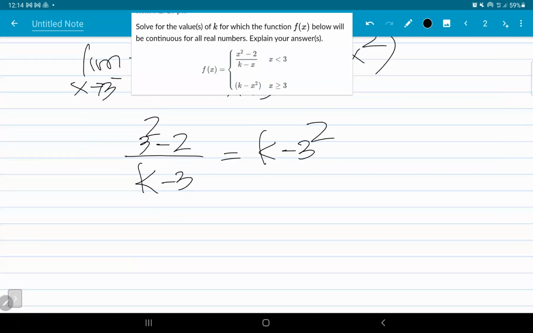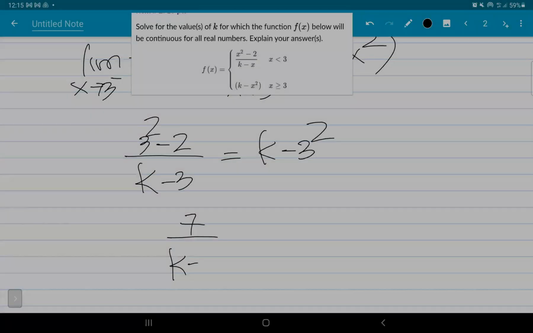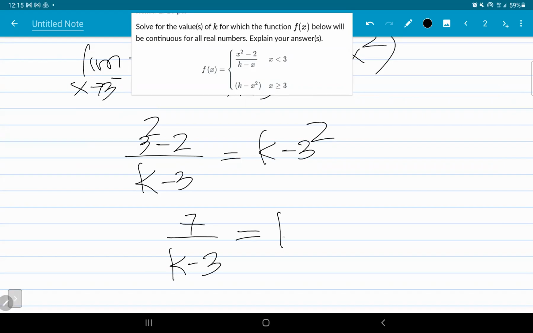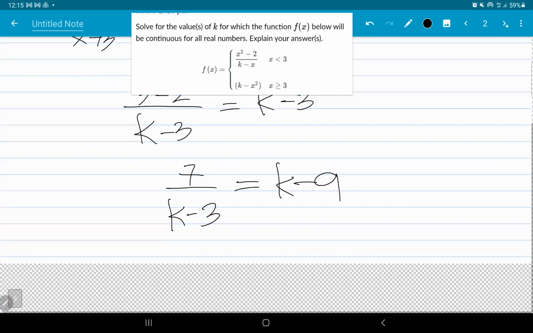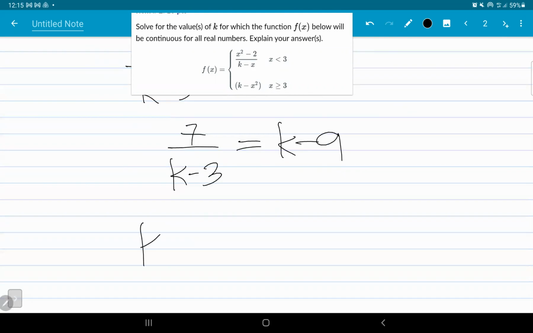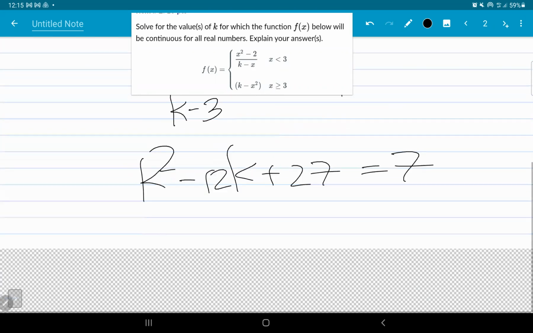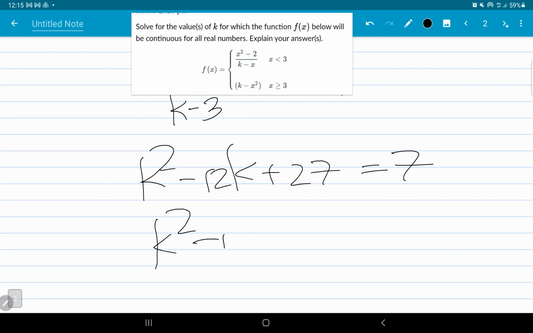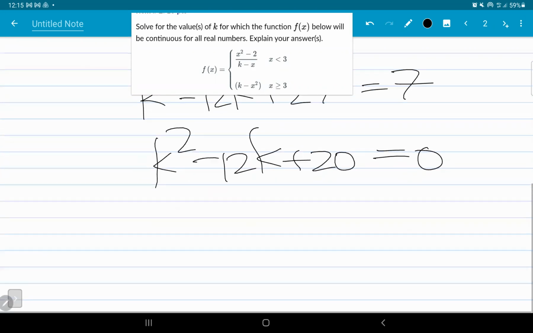So you get 9 minus 2, 7. Then you can cross multiply that. When you get this, it's just factorable as k minus 10, k minus 2.